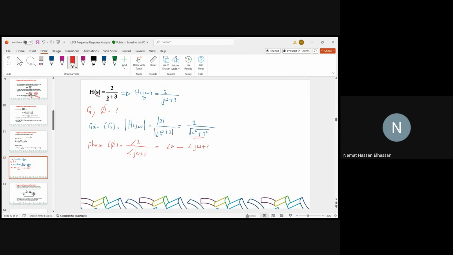Here the imaginary part is 0, which means that the angle for 2 is 0. And for the denominator it will be tan inverse of the imaginary part, which is omega, divided by the real part, which is 3. Which means that the phase shift is equal to negative tan inverse of omega over 3, which is exactly what we have here.